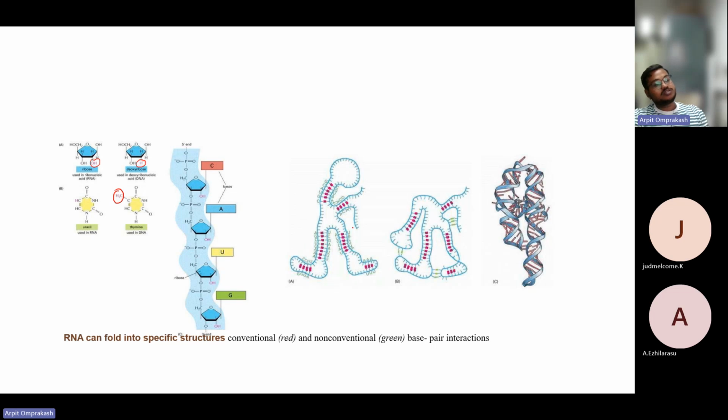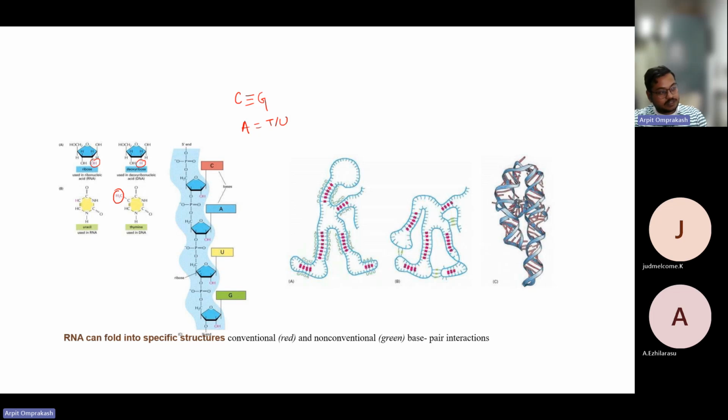So since RNA is a single strand, it can fold on itself and basically bind to certain places which are complementary to it. As I mentioned before, C basically binds to G using a triple hydrogen bond. A generally binds to T or U using a double hydrogen bond.